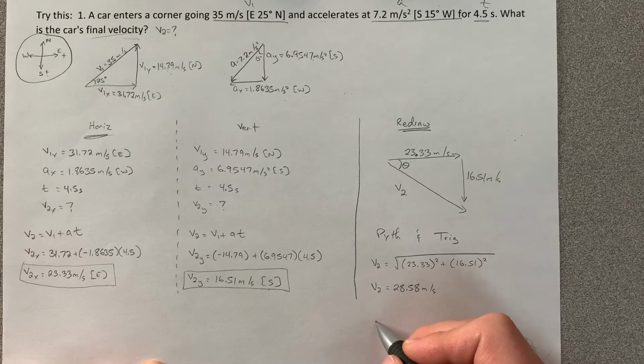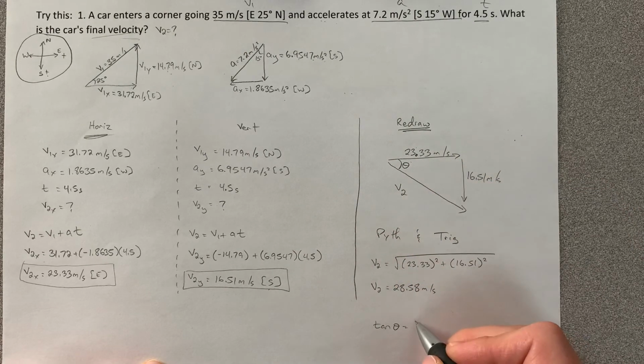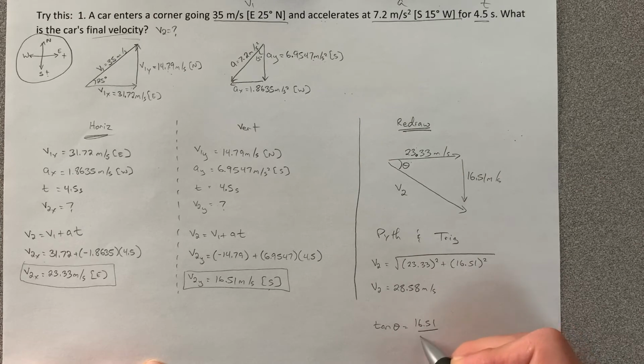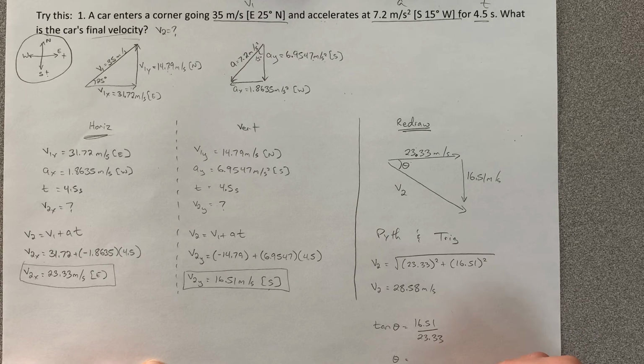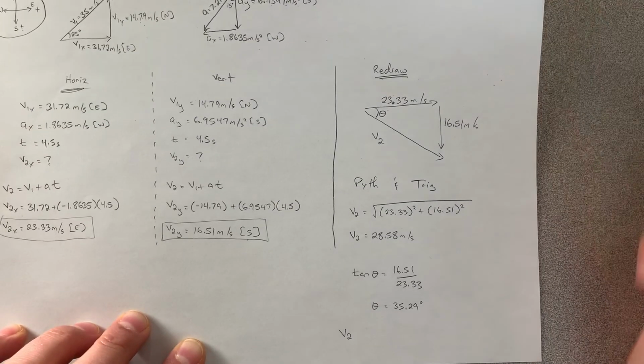We need that angle, tan theta, opposite over adjacent. The angle, that would be 35.29 degrees.